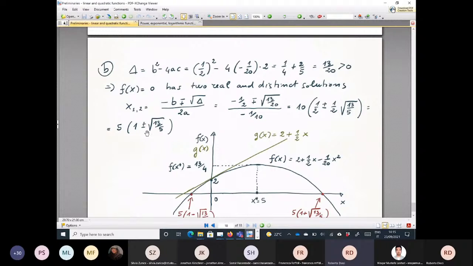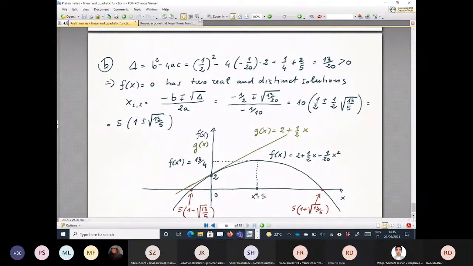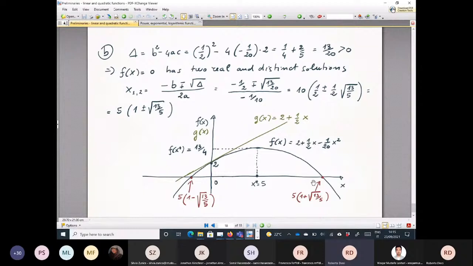So it's 5 times 1 plus minus square root of 13 over 5. These are the two values. This is the maximum point. Of course, the two values are symmetric with respect to the symmetry axis here. This is the representation of the results of our exercise. And this is the representation of the straight line of equation 2 plus 1/2 x.